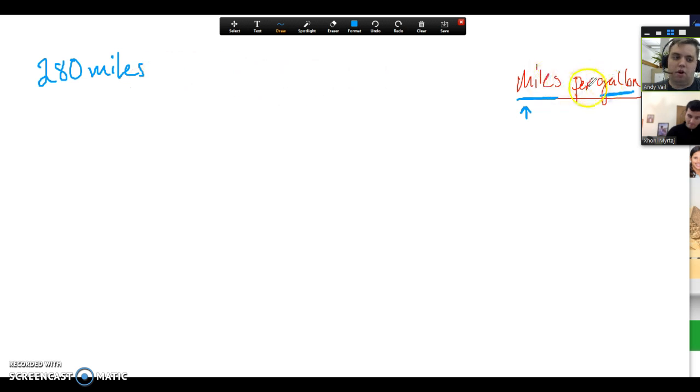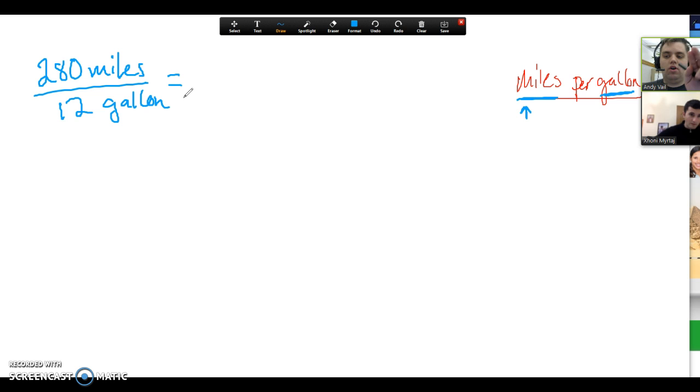And you see it says per gallon, so miles for every gallon, 12 gallons. This one was a little bit simpler because you only had to make one fraction. There was no multiplying of fractions, no multiple units coming in or out. So this one is just making a fraction, 280 miles over 12 gallons.